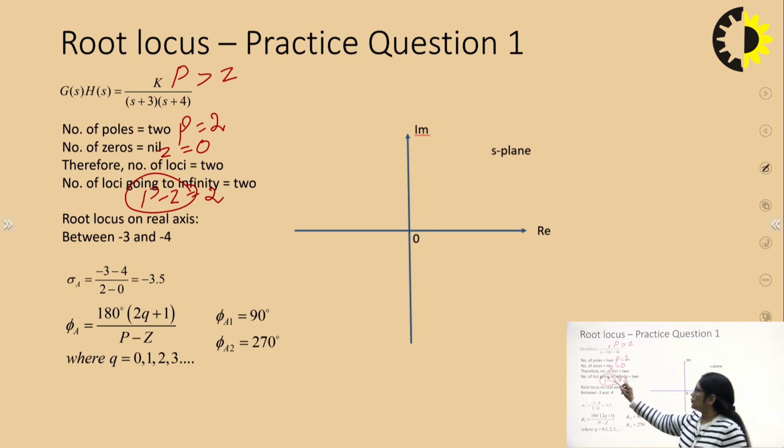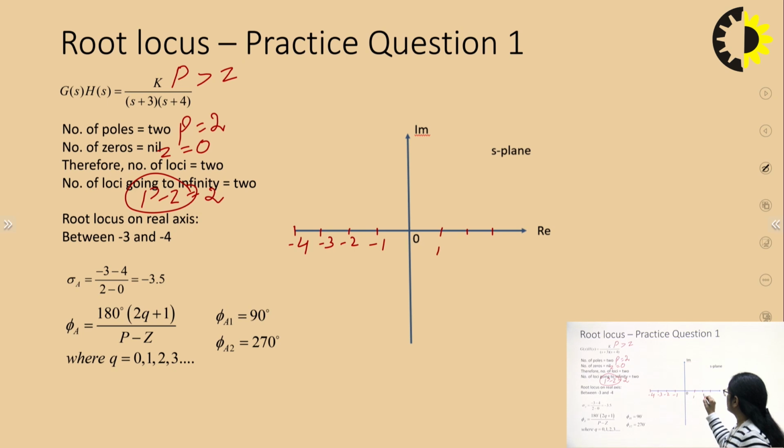And to plot the poles and zeros in the system, this is the s-plane. We will plot the poles and zeros in the system. This is -1, -2, -3, -4. This is 0. And on the right hand side of the real axis, 1, 2, 3.